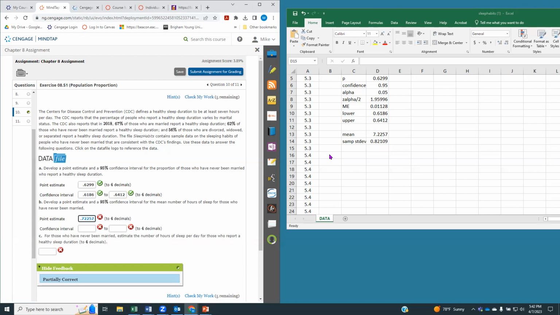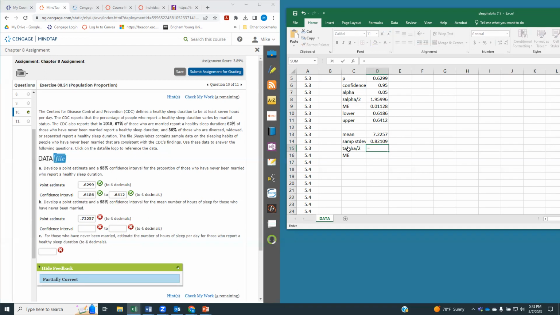Okay, that's right. So to find my confidence interval, I'm going to have to find my margin of error. Here's my problem. I can't use my z of alpha divided by 2 up here because I have a sample standard deviation and not a population standard deviation. I'm going to have to use my t distribution. So I'm going to need my t of alpha divided by 2.